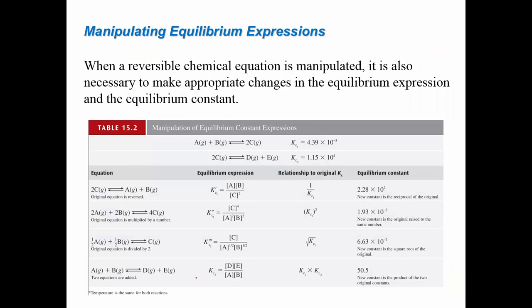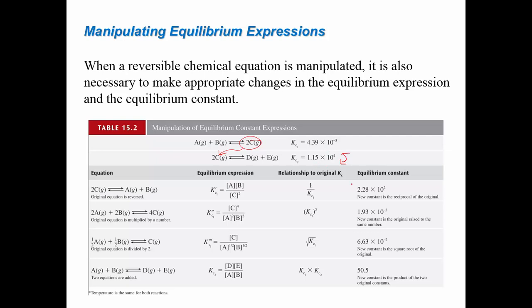We can manipulate equilibrium expressions if you reverse the chemical reaction. If we go from A plus B reacts to form C and we have one constant, then if we flip-flop it and have the C be the reactant, then we have to take the reciprocal of our product constant.